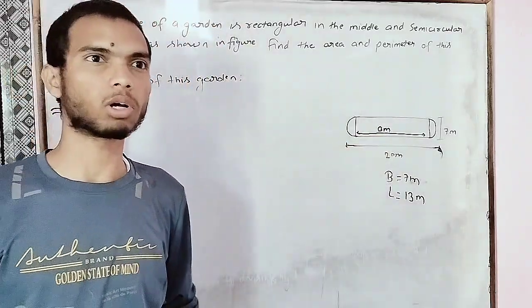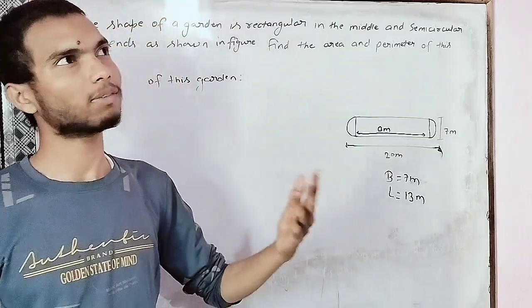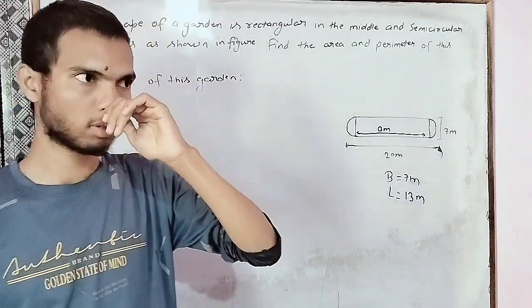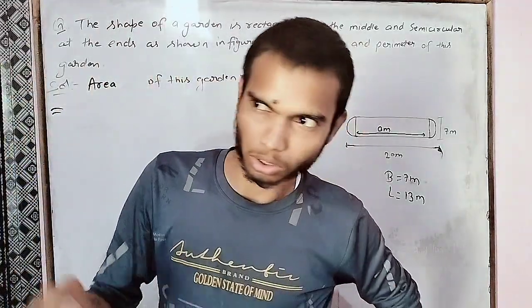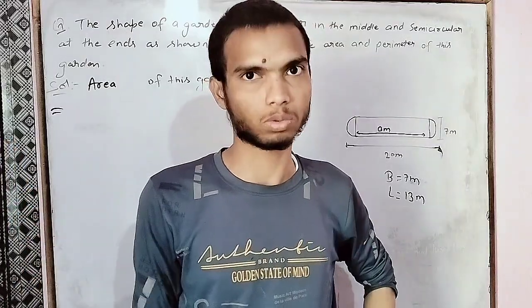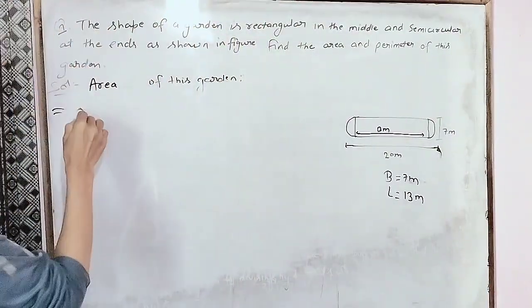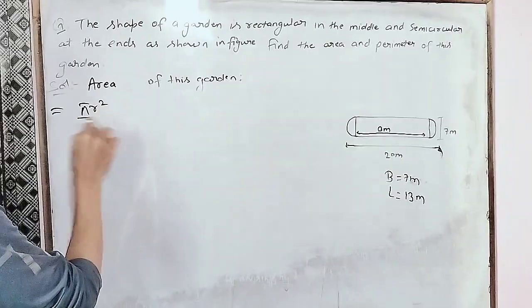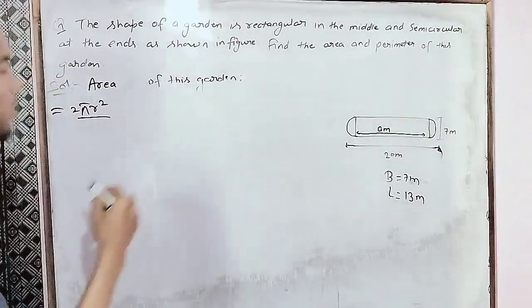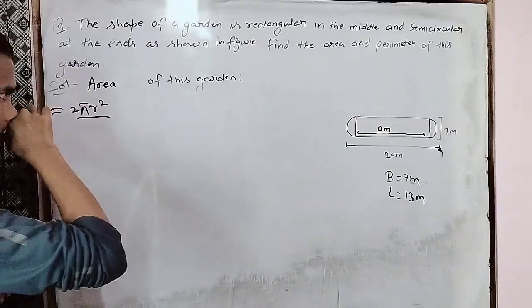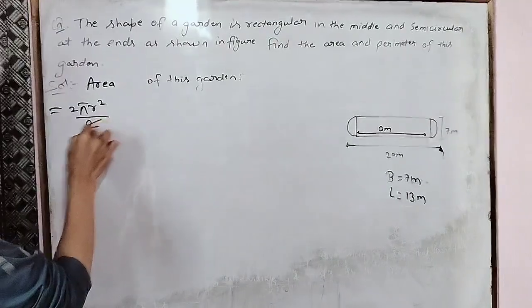This is the formula of the circle. But here we have a semicircle. So we will write pi r square by 2, which is for 2 semicircles. Then we will divide by 2.